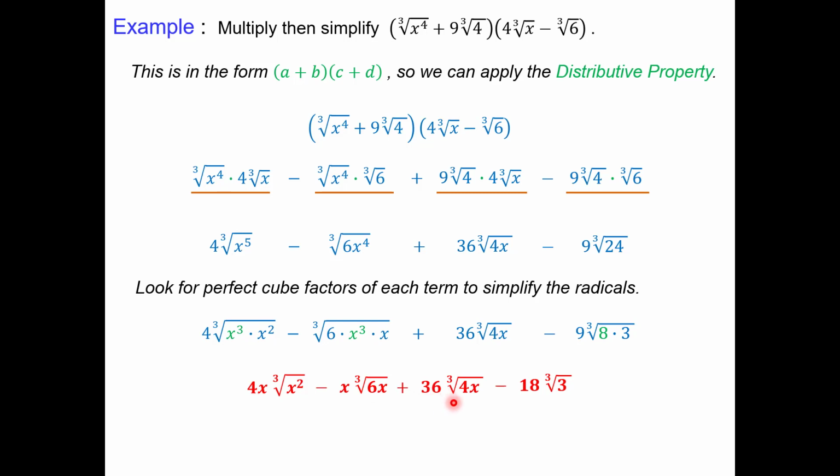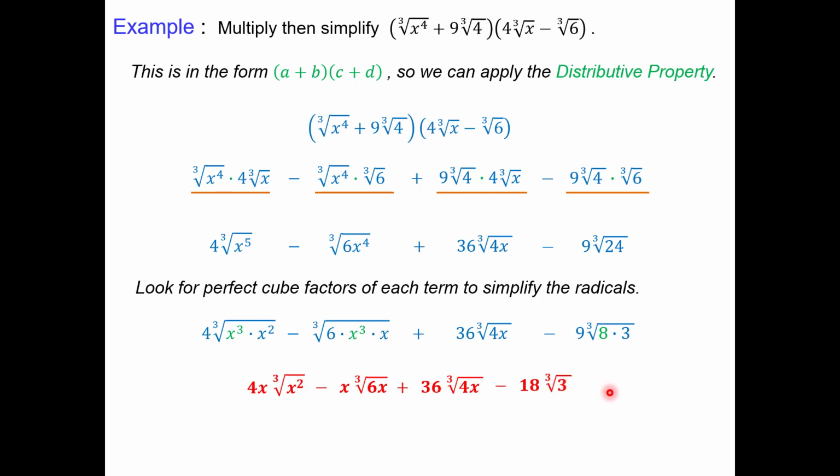This term here just stayed the same. And in the back, what is the cubed root of 8? Well, remember what that's asking you. What number multiplied by itself 3 times equals 8? That number was 2. So cubed root of 8 was 2, so that's where the 18 came from. It was 9 times cubed root of 8, which is 2. And then the cubed root of 3 stayed in.